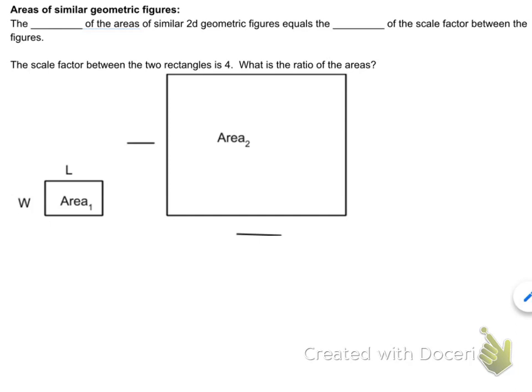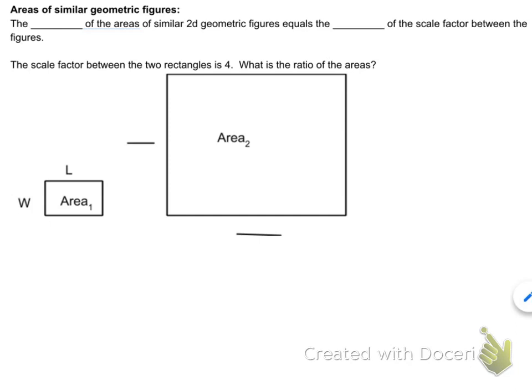Next up, guys, we're going to do this scale factor thing again. Here's a really cool thing about similar triangles, similar shapes, guys: the ratio of the areas of similar 2D geometric figures equals the square of the scale factor between them.